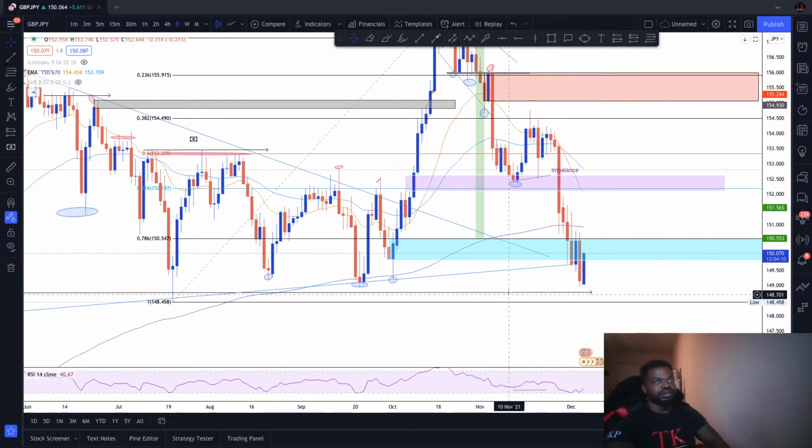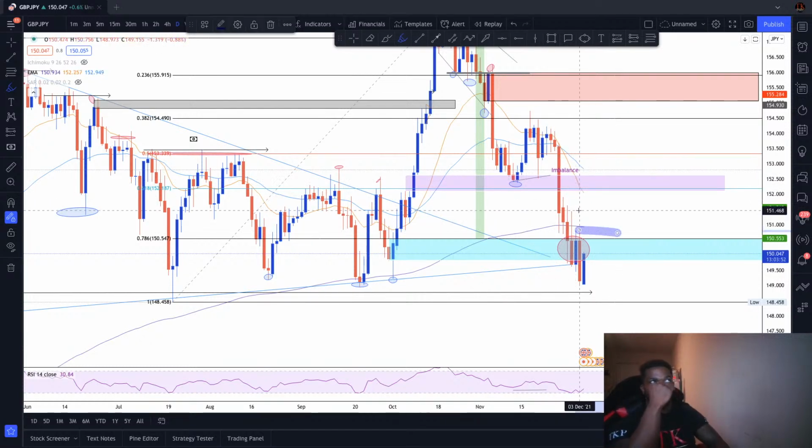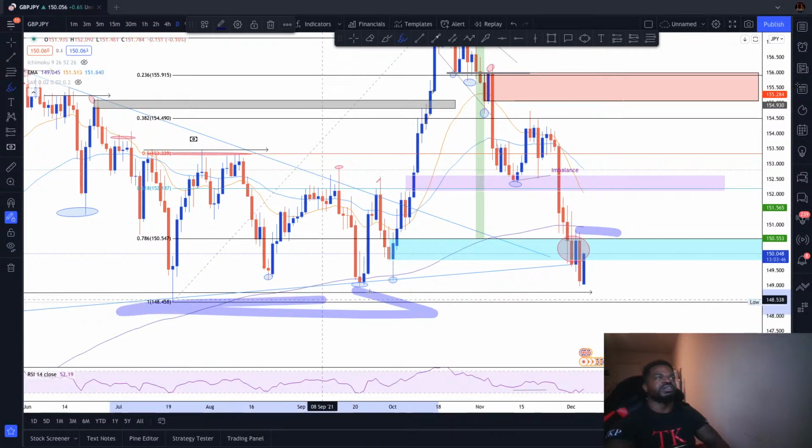But if price fails to break above this area here and close, then we could see a nice fall in pound JPY. We will see a retest of structural lows underneath this area.